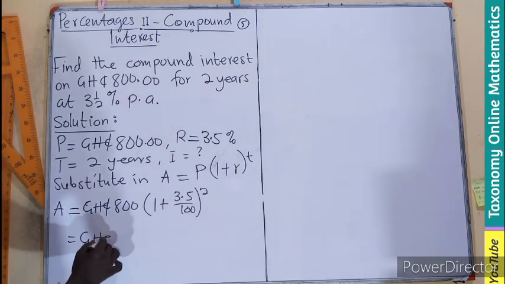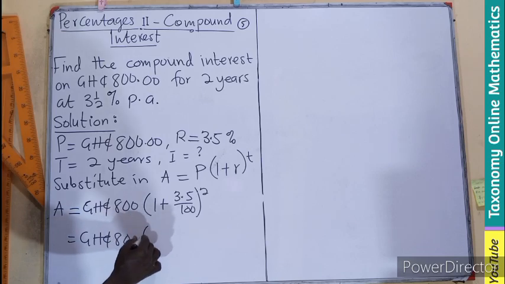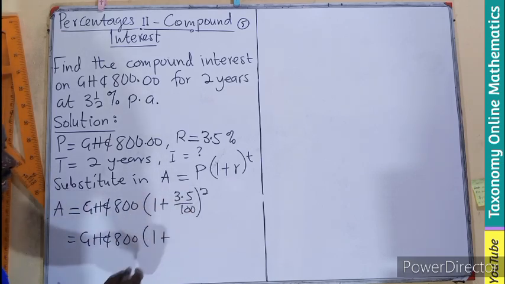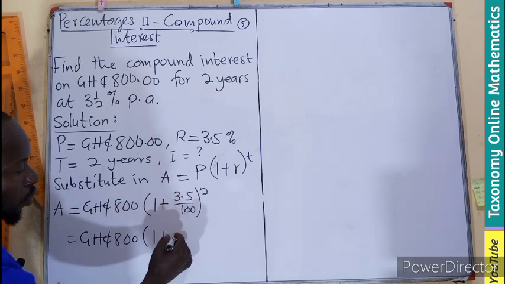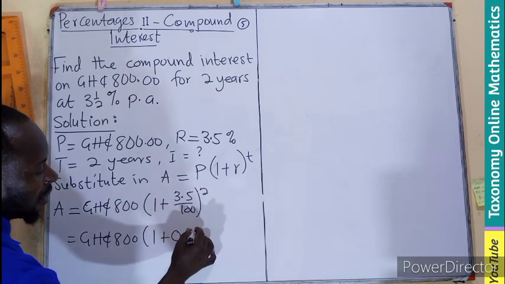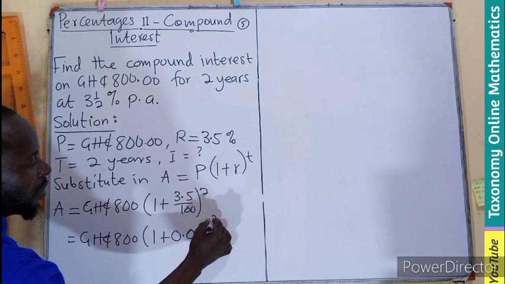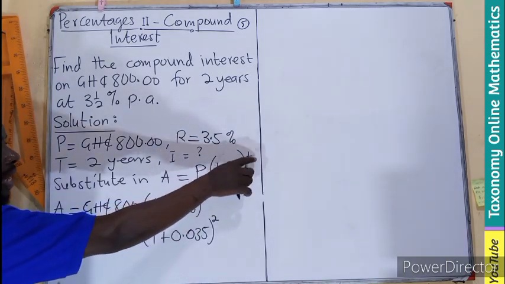Fast forward, remember the 800 will maintain. 1 plus 0.035 all to the power 2. Remember 2 stands for the time.